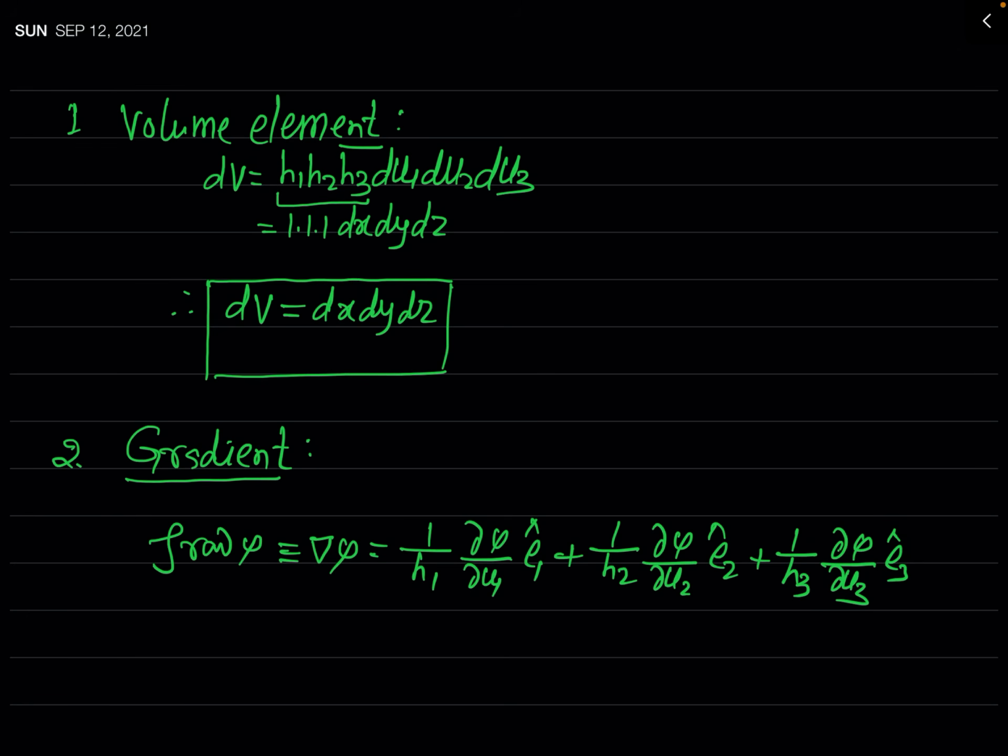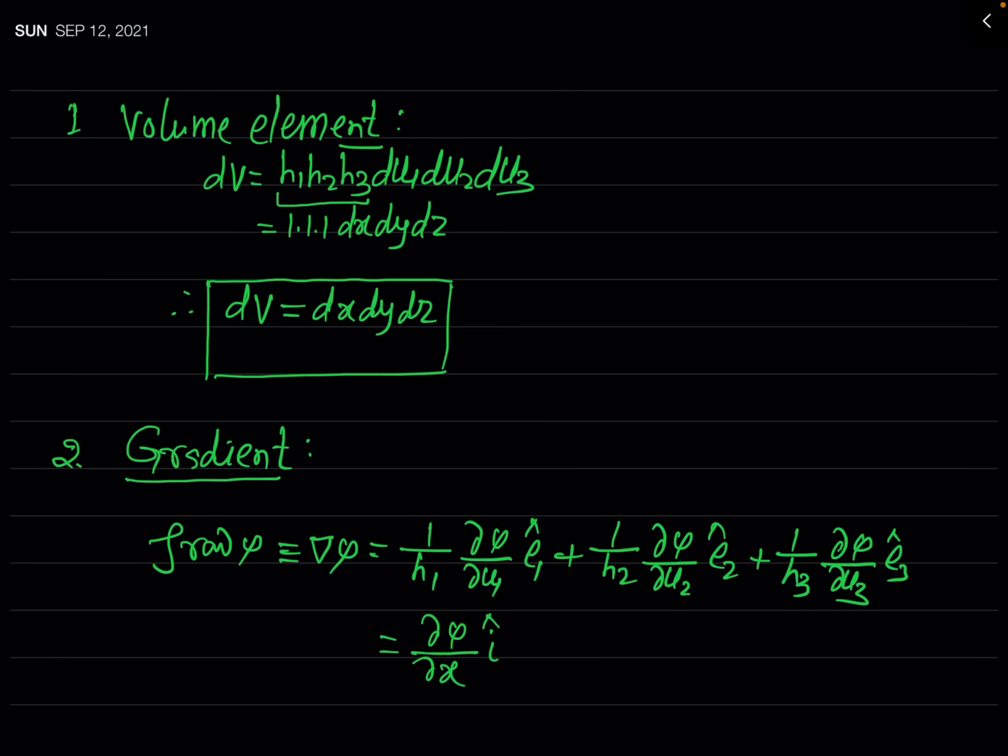These scale factors h1, h2, h3 are equal to 1. e1 hat, e2 hat, e3 hat are denoted by i, j, k and u1, u2, u3 are denoted by x, y, z. Since h1 is 1, this will be simply del phi by del x i.